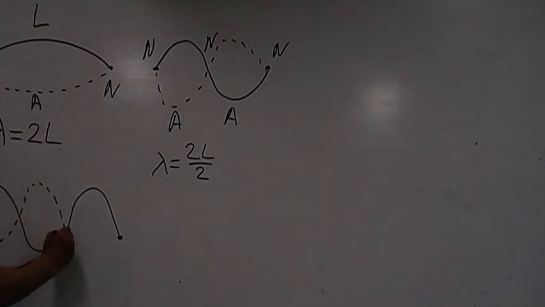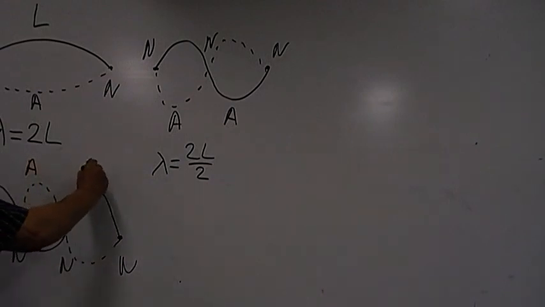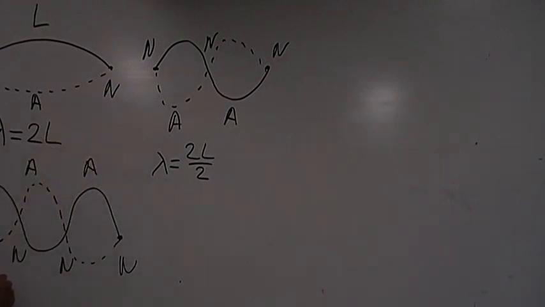For the next possible standing wave, now we have nodes and antinodes, and the wavelength will be equal to 2L over 3.